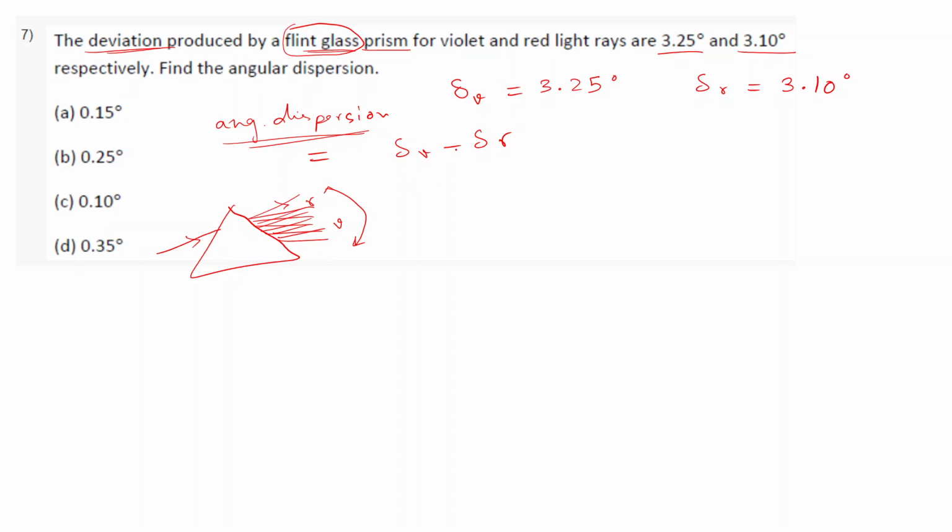So we are taking deviation of it first, and deviation of it is 3.25 degree minus 3.10 degree, and the difference will be 3.25 minus 3.10. So the angular dispersion is 0.15 degree. So the correct answer here is A. 0.15 degree is the angular dispersion.